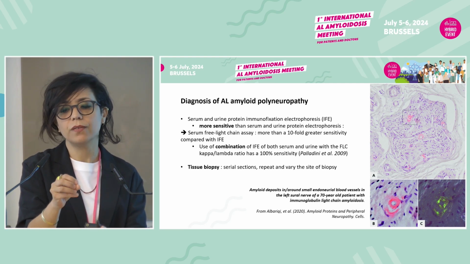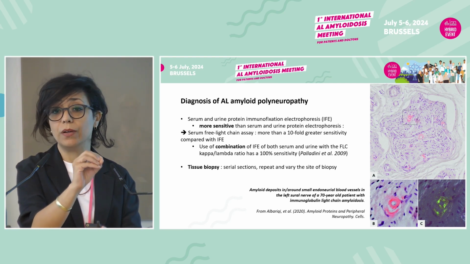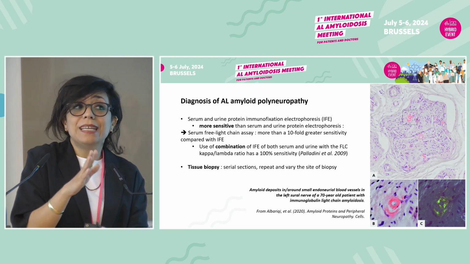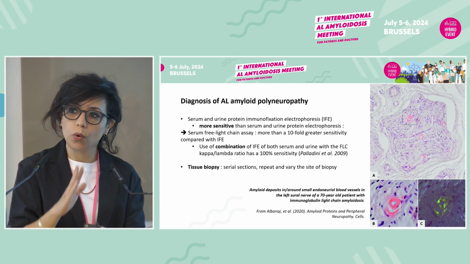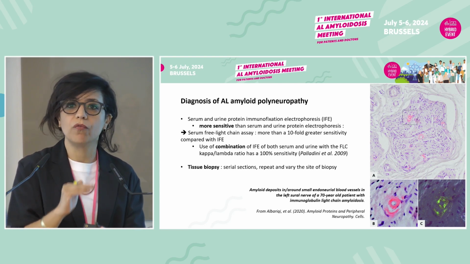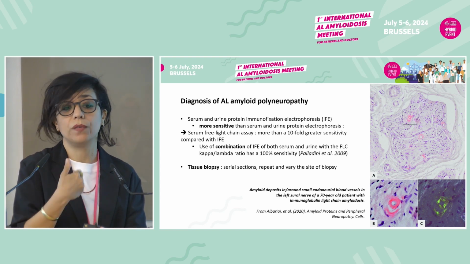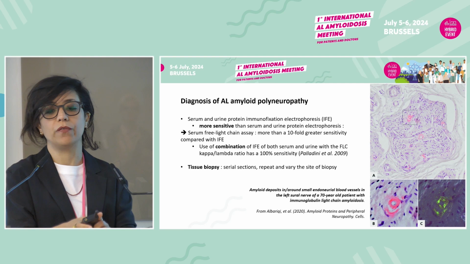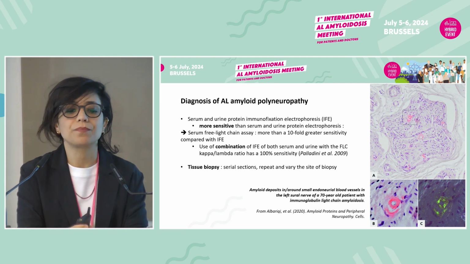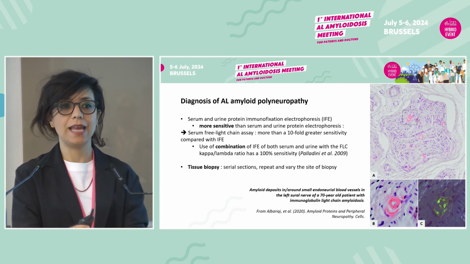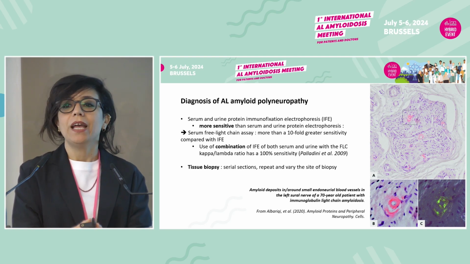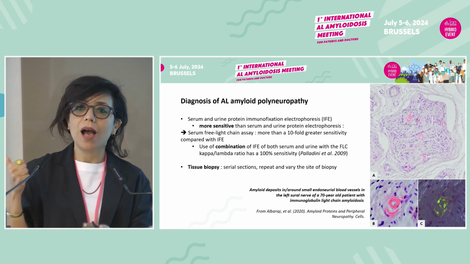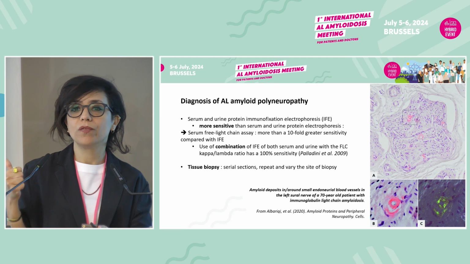Once you are convinced about the possibility that in this patient the peripheral neuropathy can be the consequence of AL amyloidosis, you will go further with the analysis: serum and urine protein immunofixation, better the serum free light chain assay, and of course, tissue biopsy. So, two things: vary the site of the biopsy.